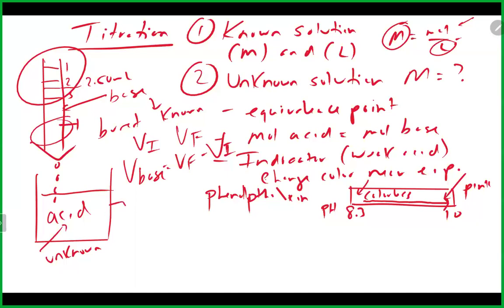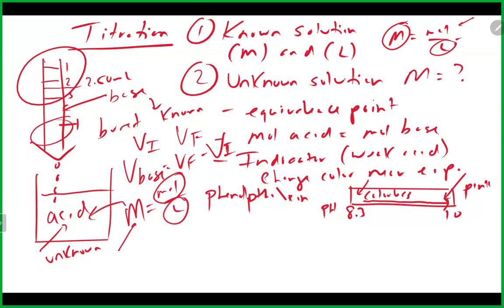For this unknown solution, maybe you want to know the molarity, and you know the volume of acid you started with. You can use stoichiometry to figure out the moles of the acid based on how much sodium hydroxide was used, and that will allow you to calculate something like molarity, which is a very common ending to this type of process. These are really just solution stoichiometry problems.